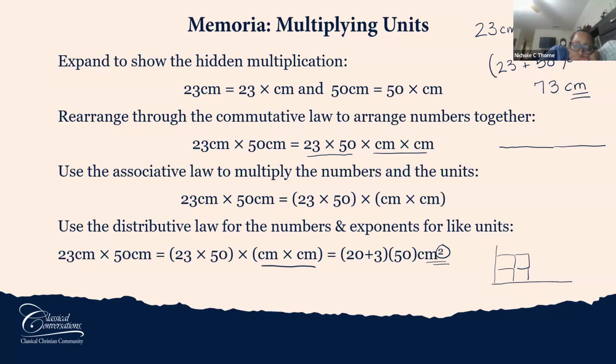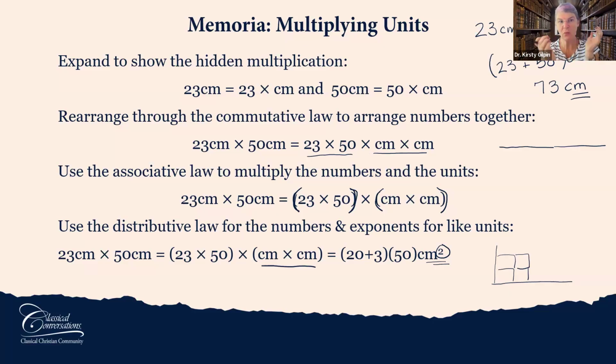Could you remind me of the associative law? I got the commutative and the distributive. What's the associative? The associative is this part that says I can group them differently, right? And so I can take my numbers and multiply them together and multiply my units together, and then I can multiply those two products together. That's the associative law.